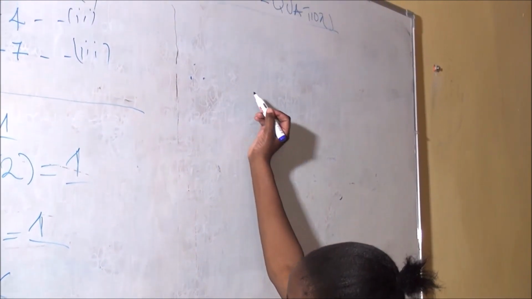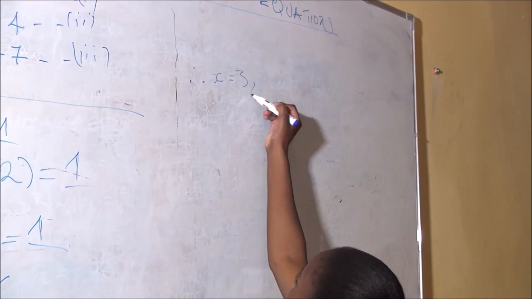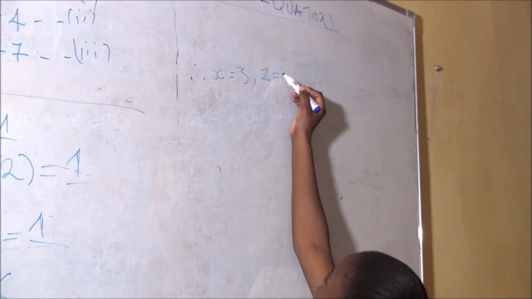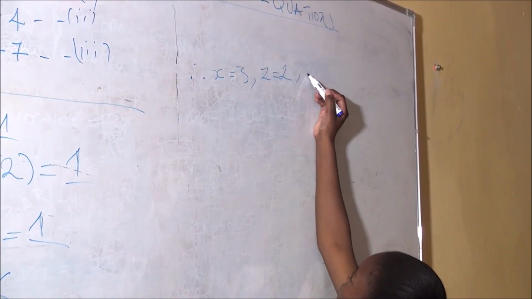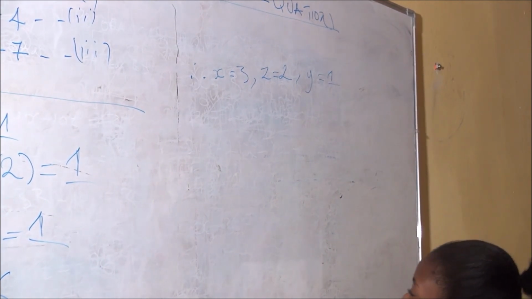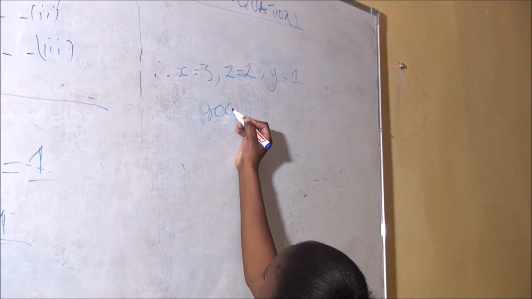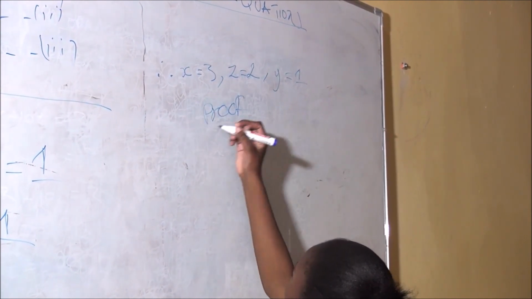Therefore, our values which were found, x is equal to 3, z is equal to 2, and y is equal to 1. So for us to prove whether our answers are correct or not, we're going to substitute with the values which are here.